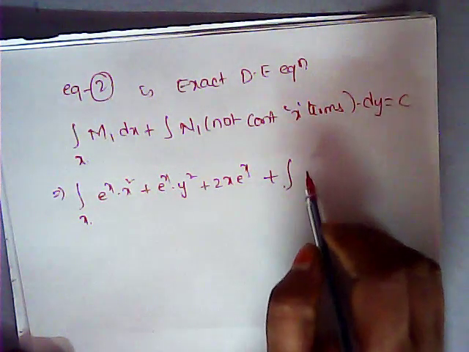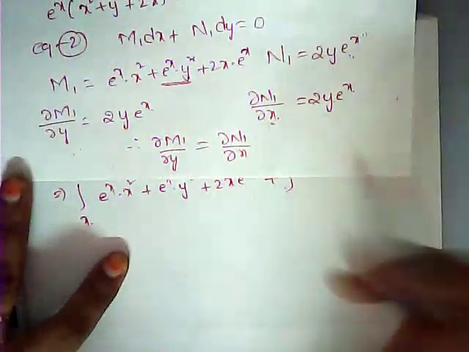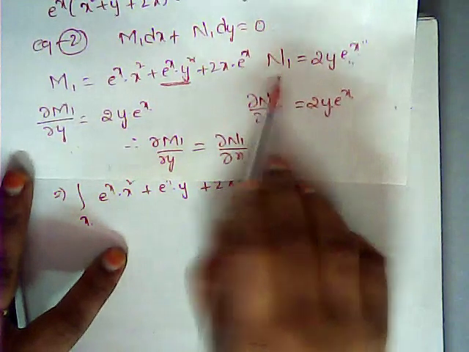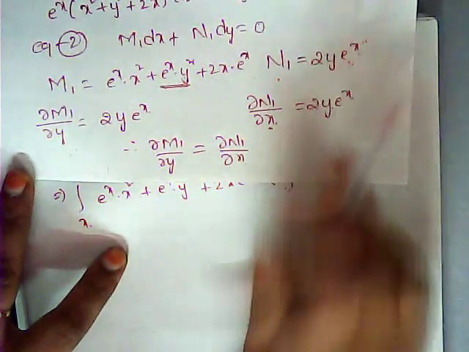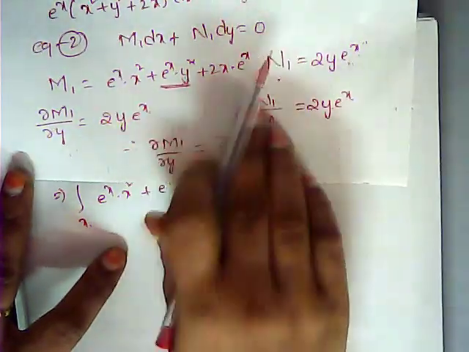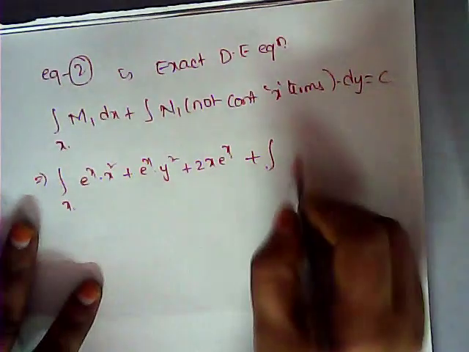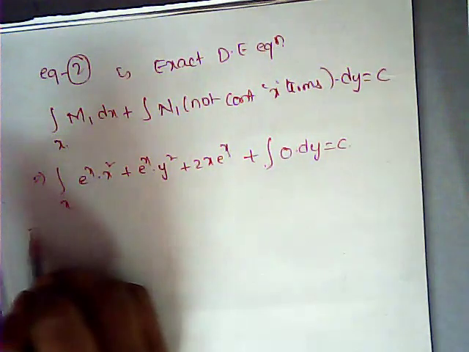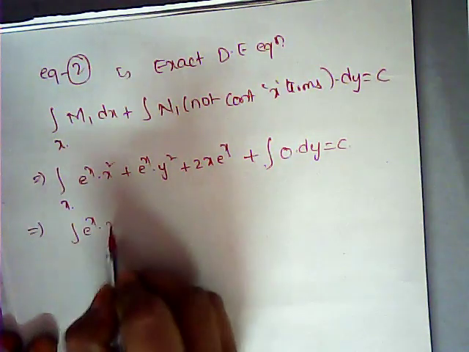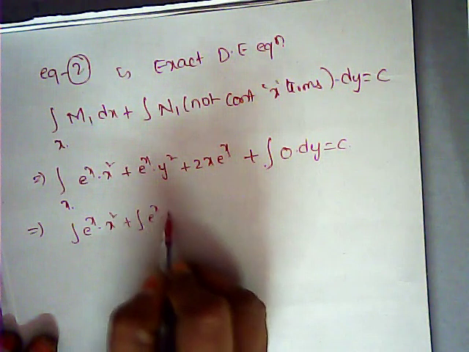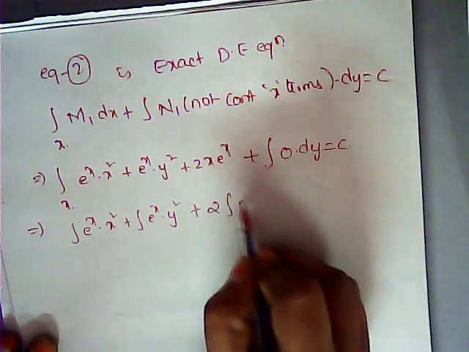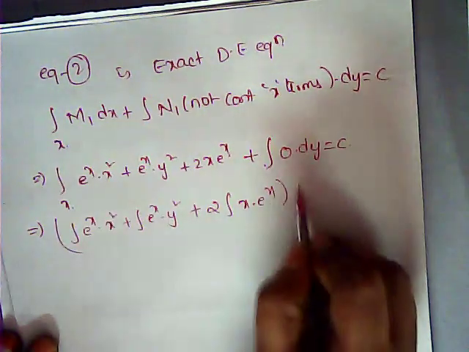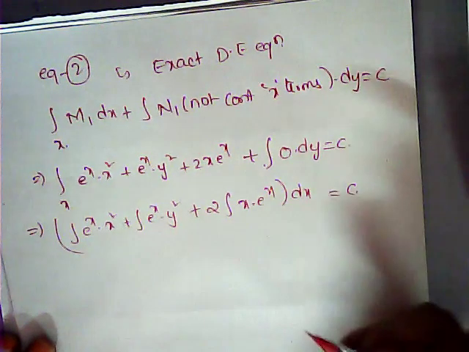But here in N1 you have an x term, so there is no single y term. Since there is no term free of x, you go with 0 dy is equal to c. Now do the integration part separately: e power x x square plus e power x y square plus 2 times the integration of x e power x dx is equal to c.